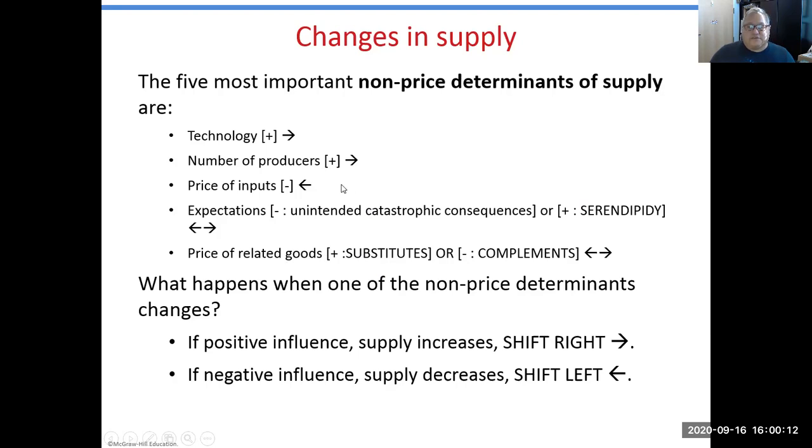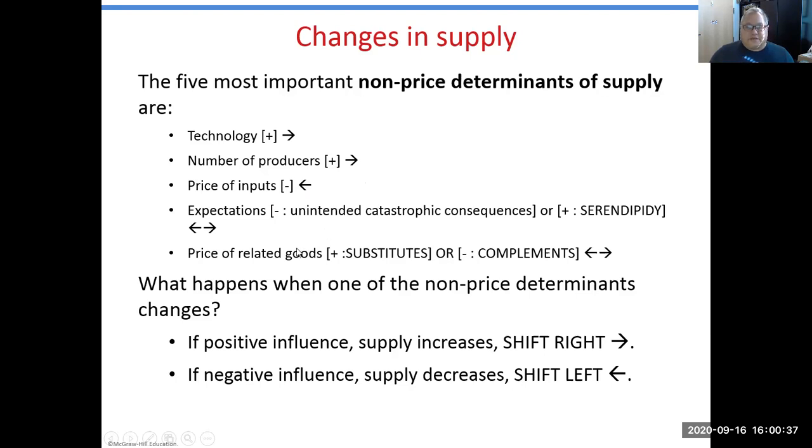And as those inputs become less expensive, then the supply should actually increase. So there's a negative or inverse relationship between the price of inputs and the supply. Cheaper inputs, more supply. More expensive inputs, less supply.